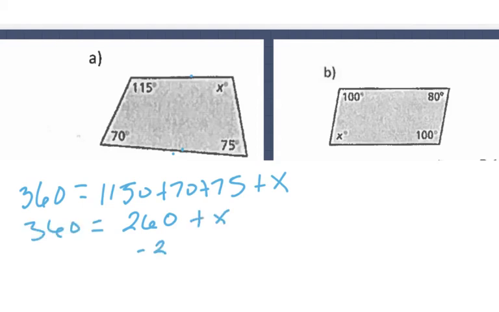I'm going to subtract 260 from both sides. So I get x is equal to 100. Then I would check that: 115 plus 100 plus 75 plus 70. Does it equal 360? It does. So I know I'm correct.